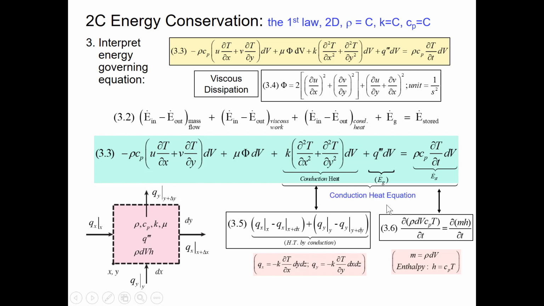Second, with the proper training on the derivation of a conduction heat equation, the physical meaning for these three terms is getting more clear and more obvious. At least I hope so.